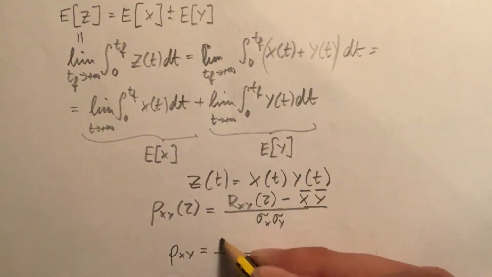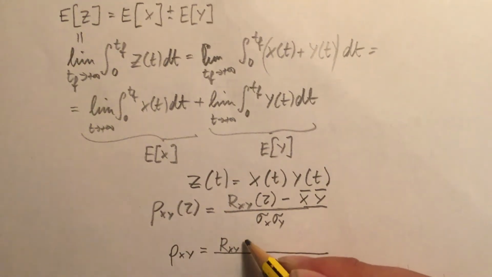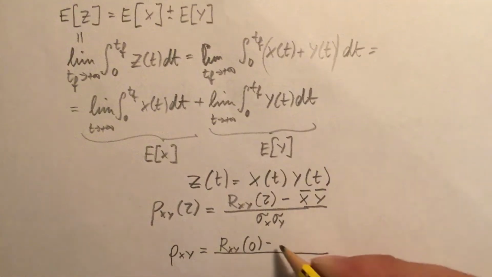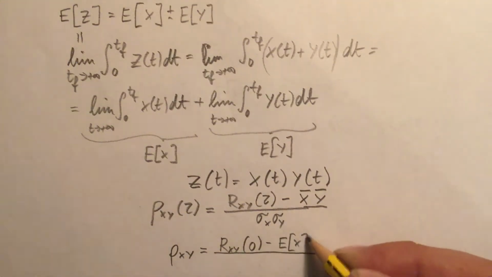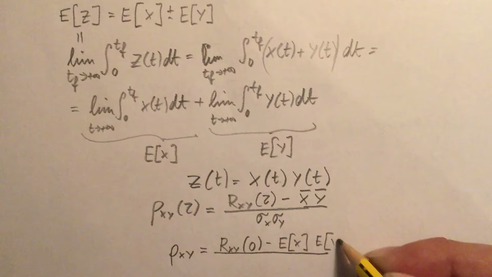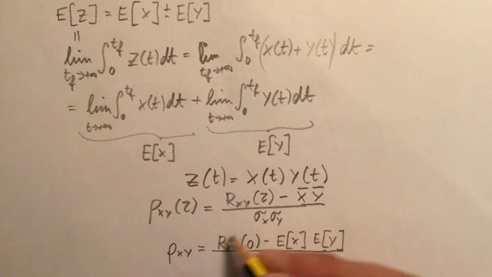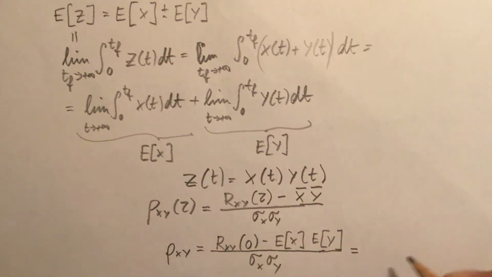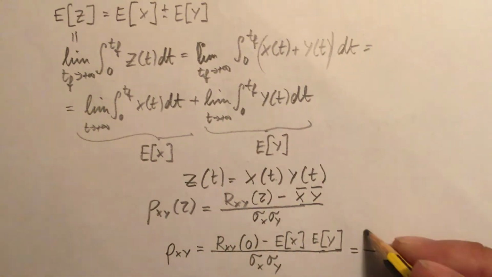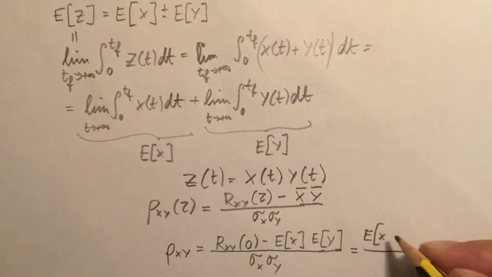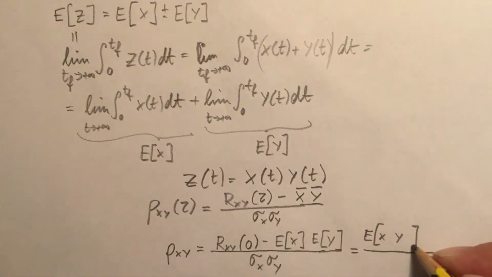We have here the cross-correlation of x and y for 0. These are, remember, the expected values. And here we have the standard deviations again. But this cross-correlation here is the expected value of the product of x and y for time instants that differ by 0.